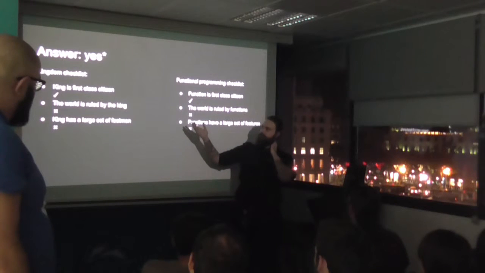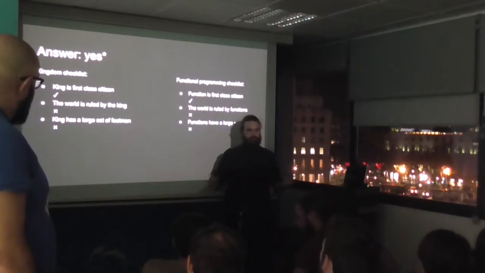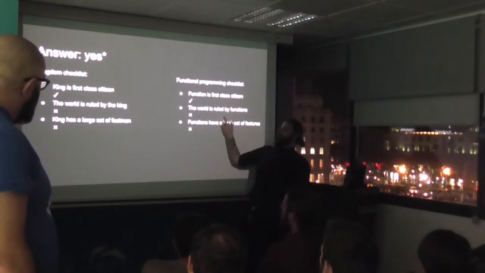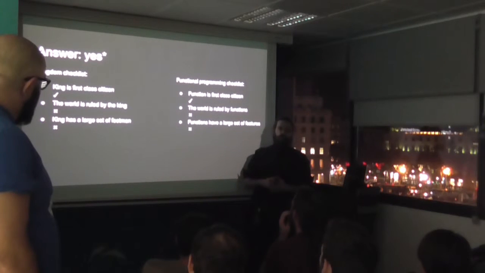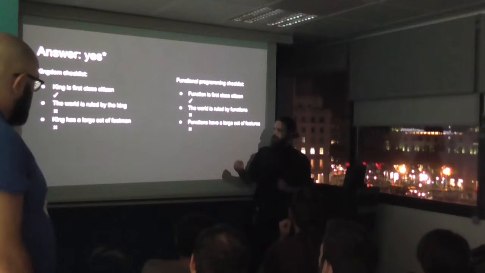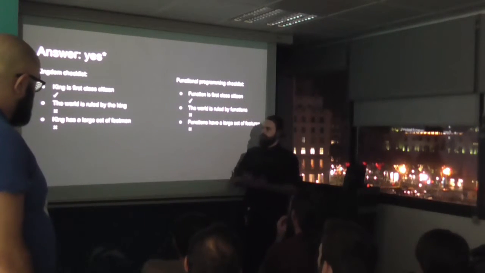But for a kingdom, you need the king to rule the world. In the case of Spain, that's not so. In functional programming, you need functions to rule the world. And in Python, that's not so. The same goes for the toolset, the amount of features that surround this entity.